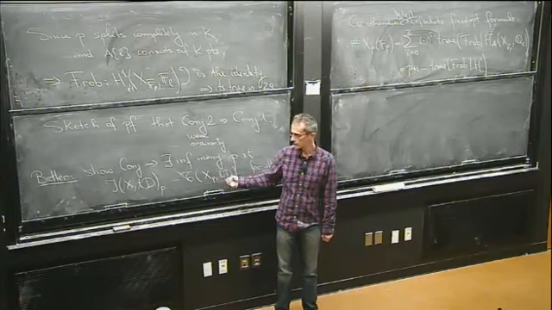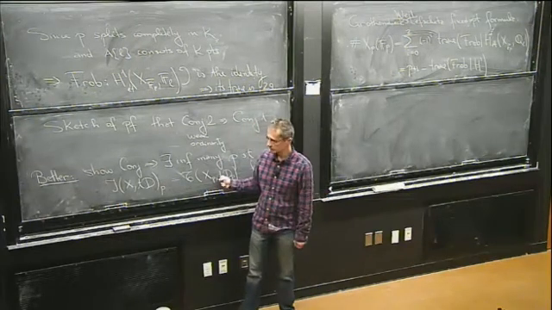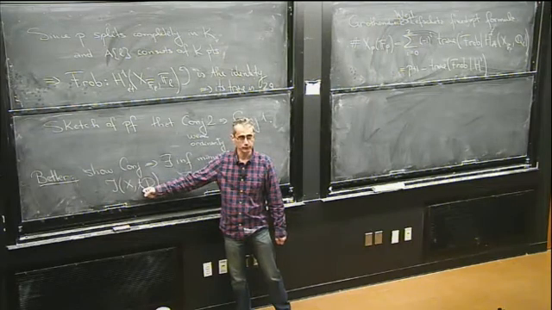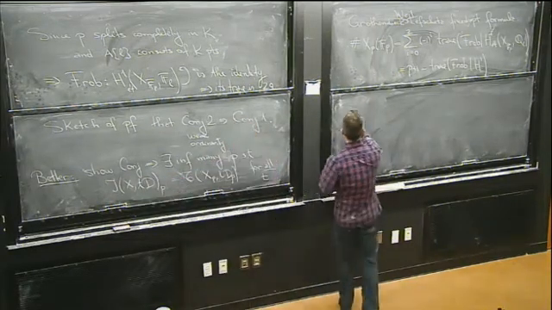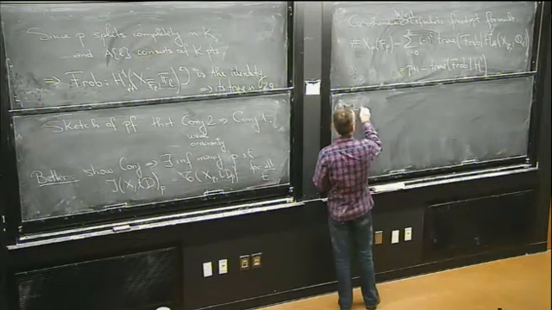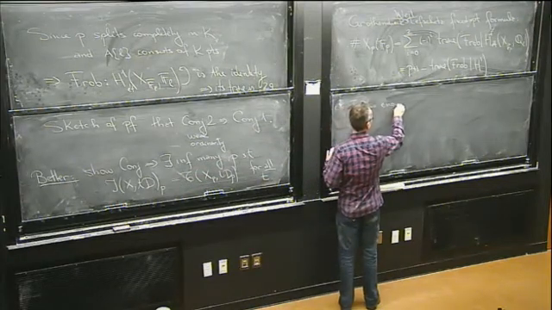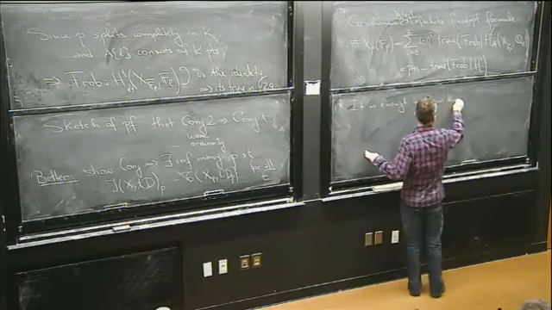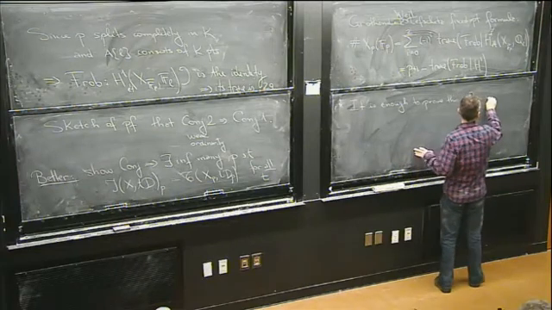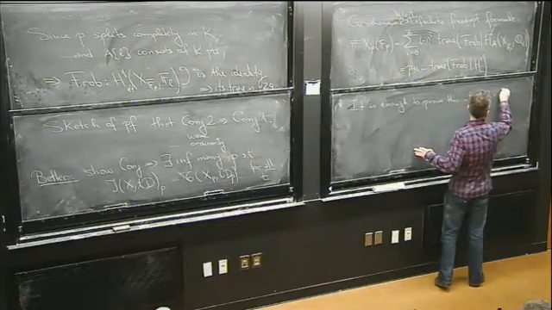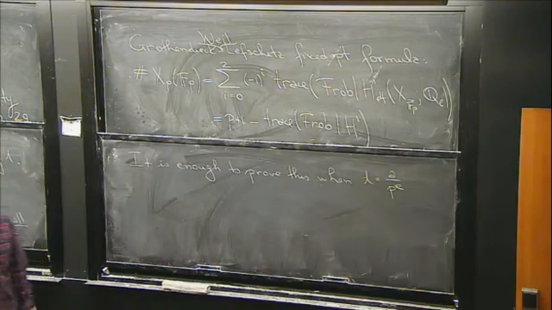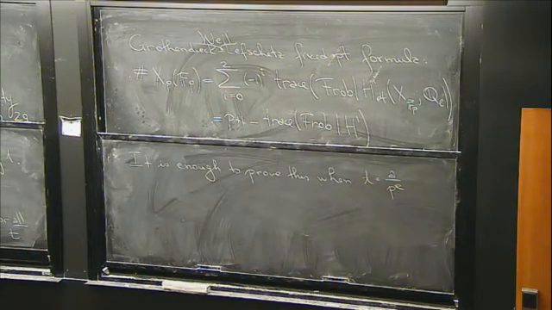Since I want the equality for all t's, it is enough to prove it for such rational numbers, when t is some a over p to the e, because these are dense and, by the semicontinuity properties of these invariants, you get it for all t's.